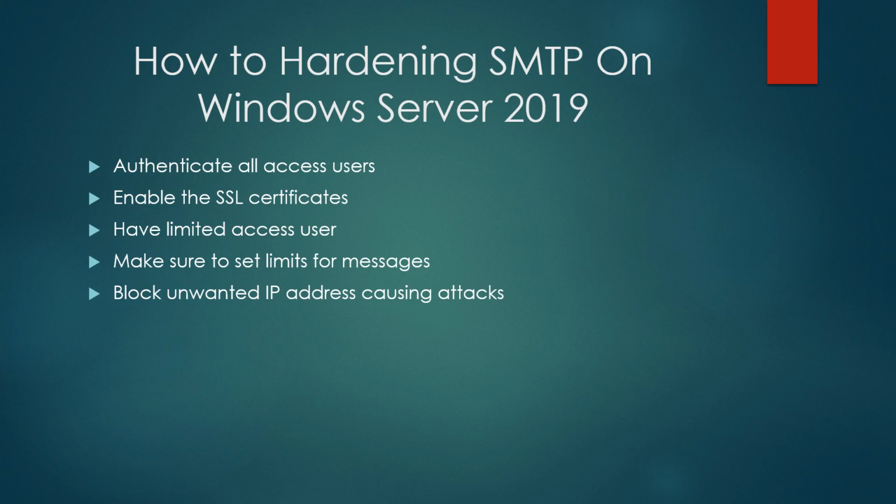You also have to make sure that you enable the SSL certificates. You have to make sure that you have limited access users. You also have to set limits on the messages that are being received and the messages that are going out. You also have to make sure you block unwanted IP addresses that you know are causing discrepancy on your Windows server.